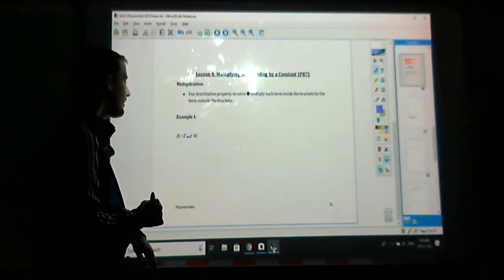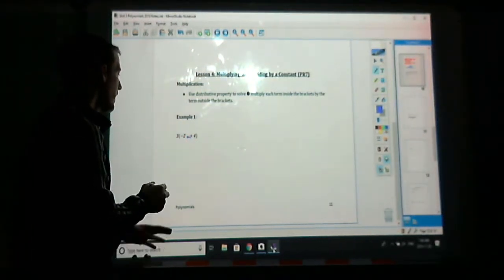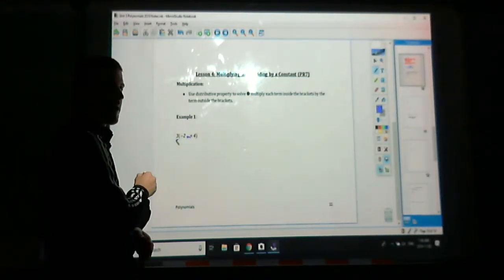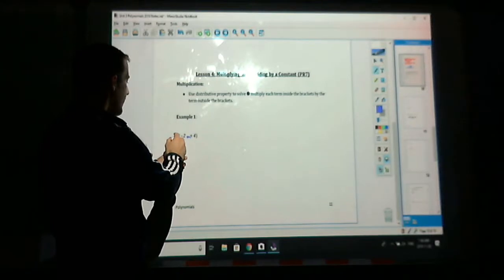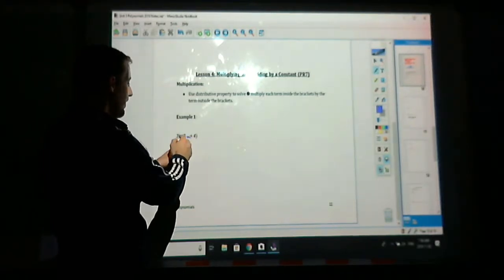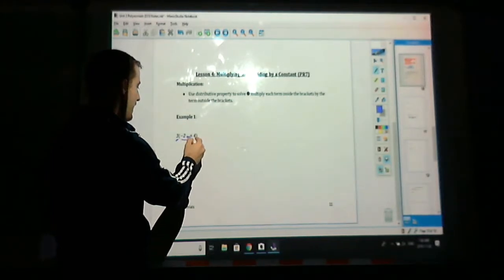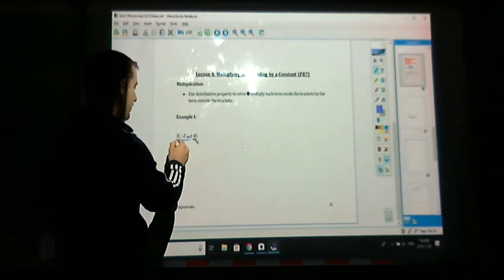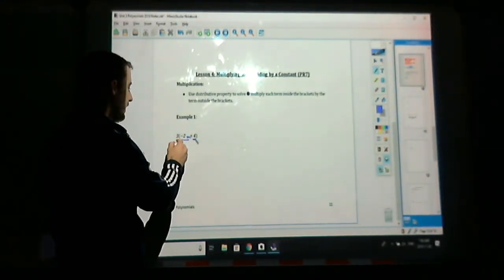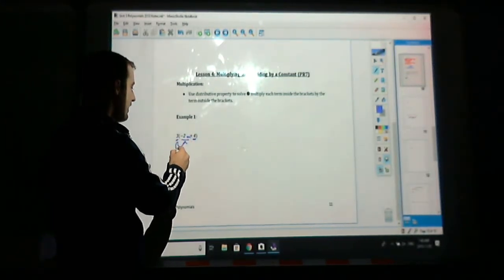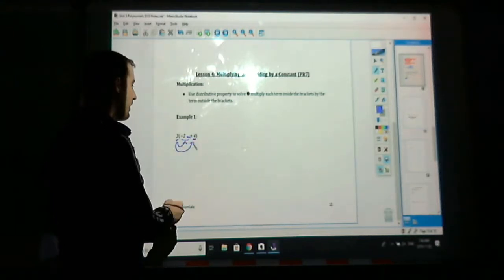If you have a number outside of the bracket, this applies to everything within the bracket. So here we have a negative 2m and a plus 4. So this times 3 will be 3 times negative 2m and 3 times 4.